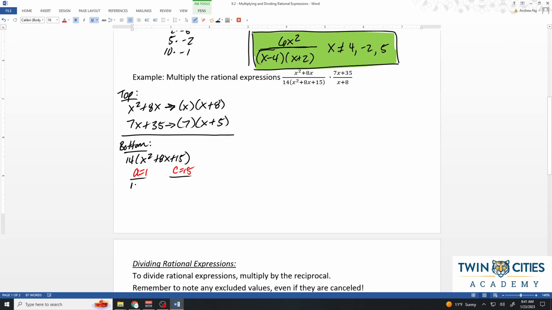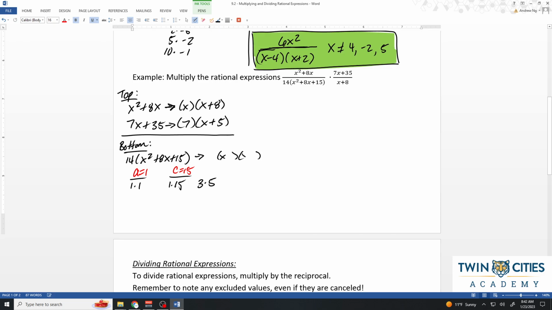So this is 1 times 1, and for 15, I've got 1 times 15, 3 times 5. And I can see that to find 8, I'm going to use 3 and 5, because 3 plus 5 is 8.